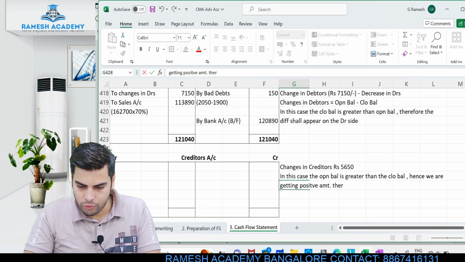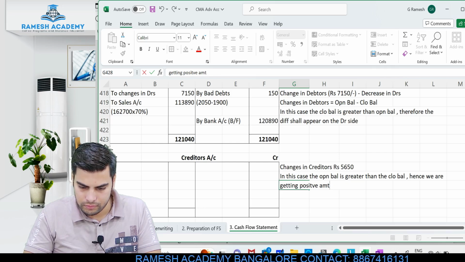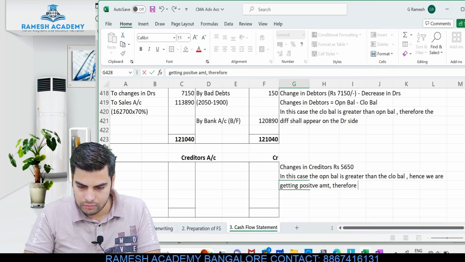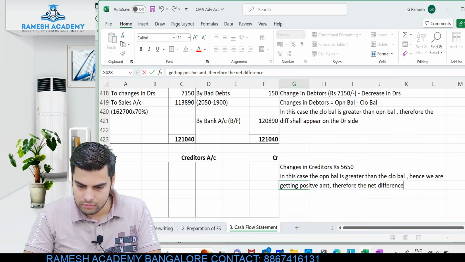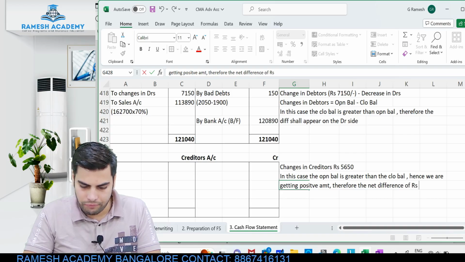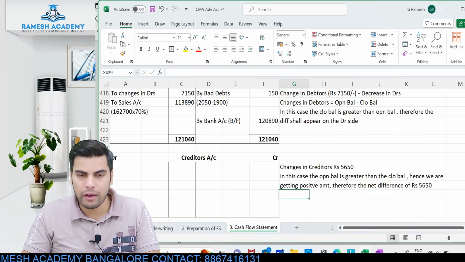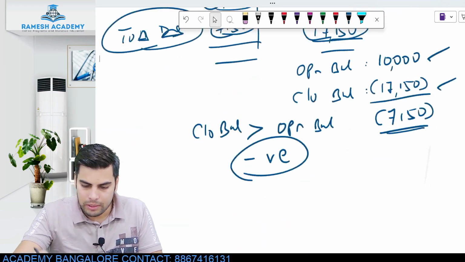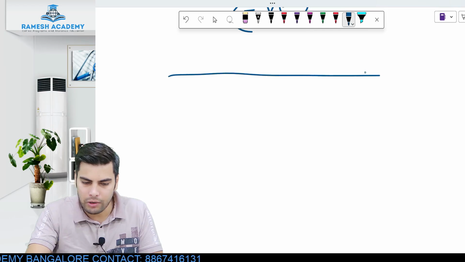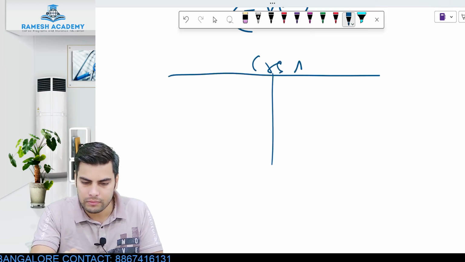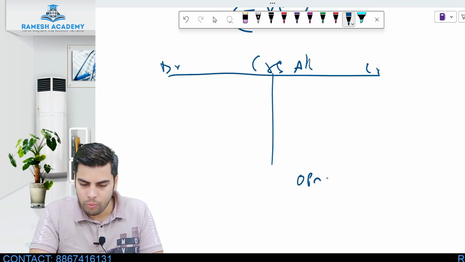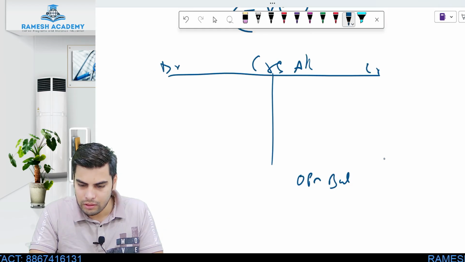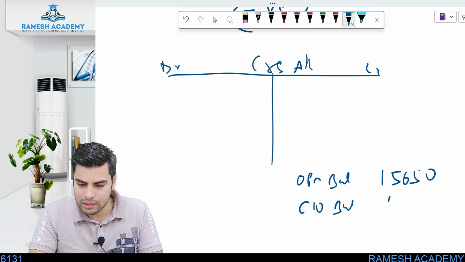Therefore the net difference of rupees 5,650, where will it appear? Look at this. Similarly, if I prepare this creditors account, let's say the opening balance is 15,650 and the closing balance is 10,000.